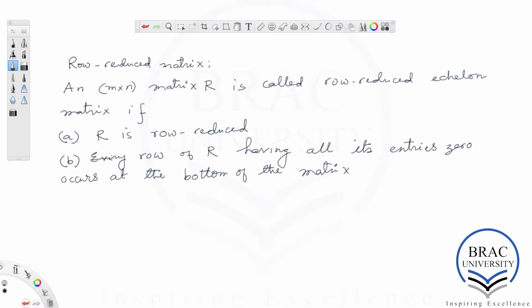Which means that all the zero rows of the matrix R should occur at the bottom of the matrix. We did not require this property for the matrix to be row reduced, recall. So if a row reduced matrix additionally satisfies some other properties, then we call that matrix row reduced echelon matrix. So this is one of those properties.